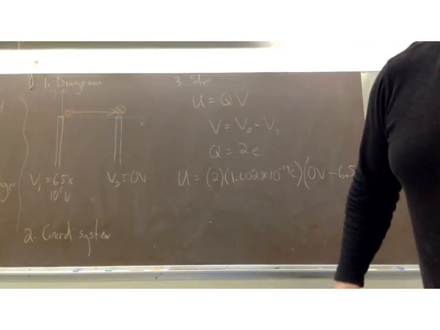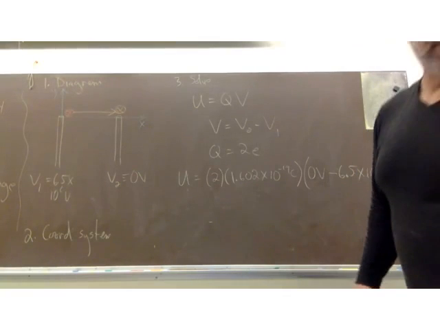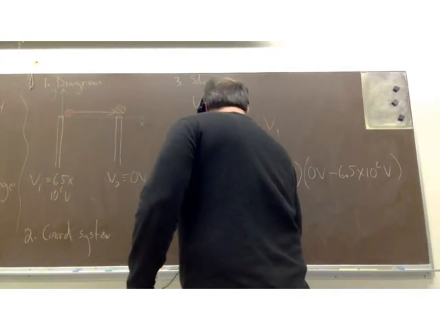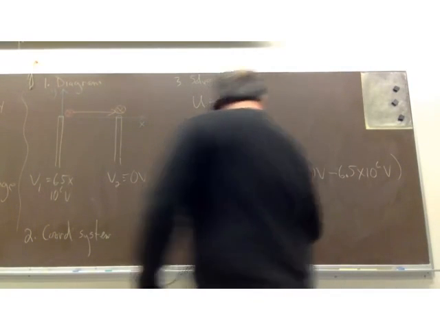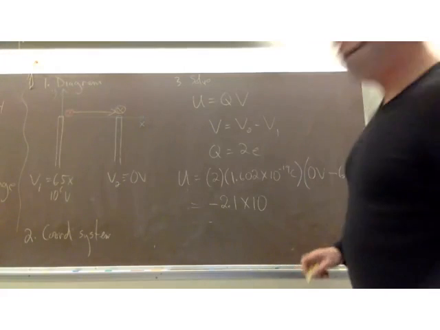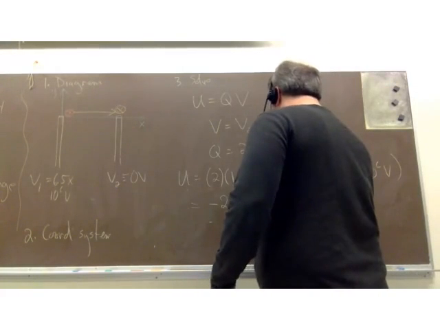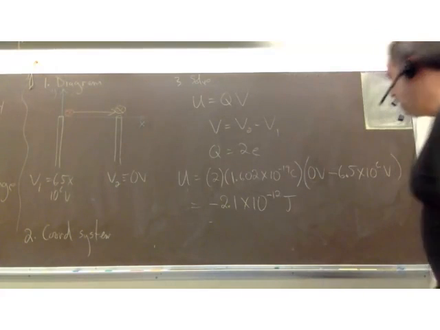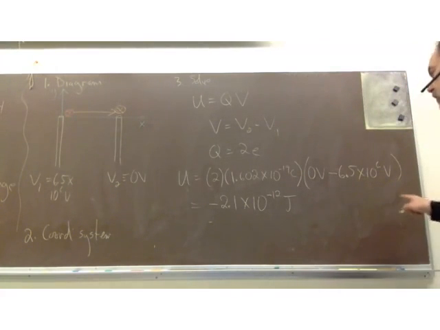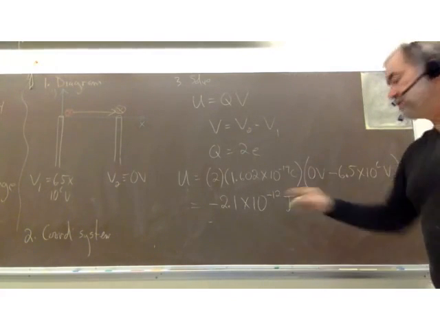Okay. And I punched in the numbers and I came out with negative 2.1 times 10 to the negative 12 joules. Okay, I'll let you go through that yourself. Well, a volt times a Coulomb is a joule.